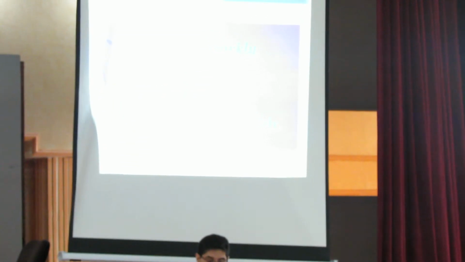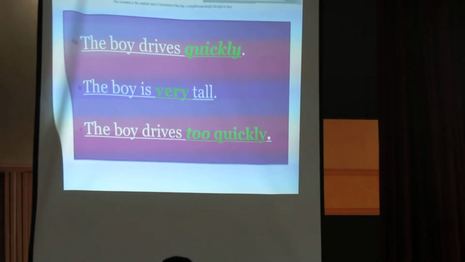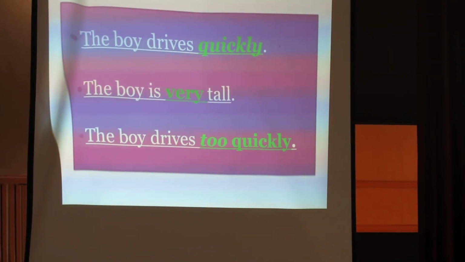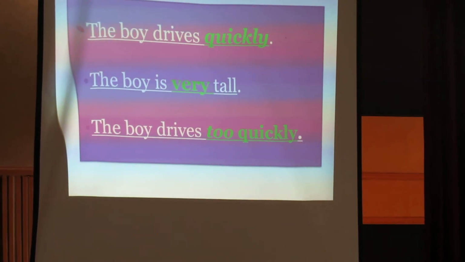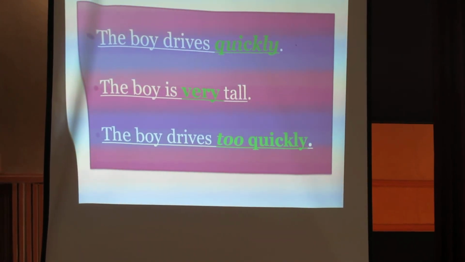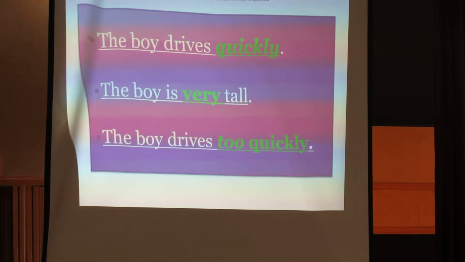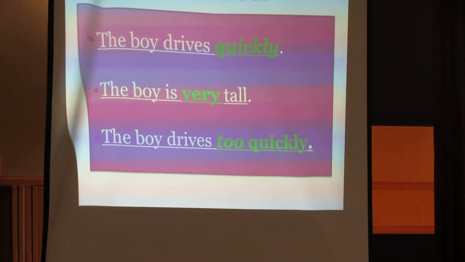What about the last example? Look, the boy drives quickly, like the first one. Quickly, we know that it is an adverb to describe the verb. But the boy drives too quickly. Now, the word too, T-double-O, is an adverb, جدا, and it modifies the other adverb, quickly.